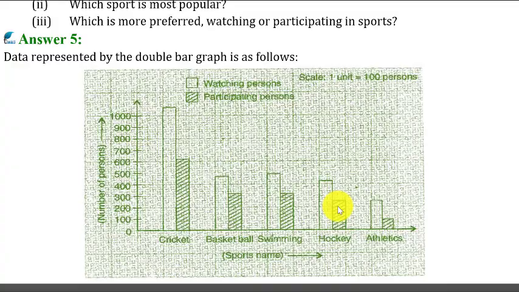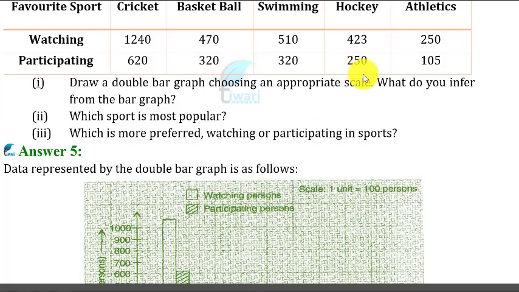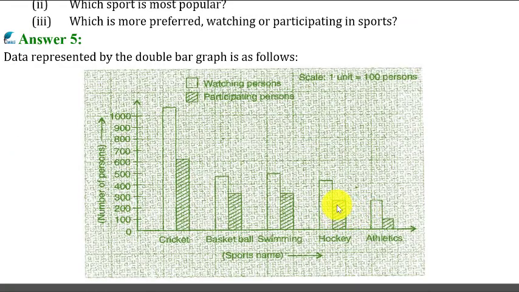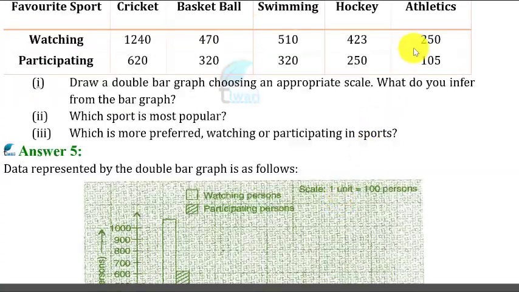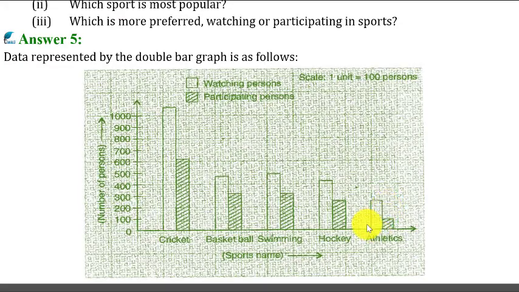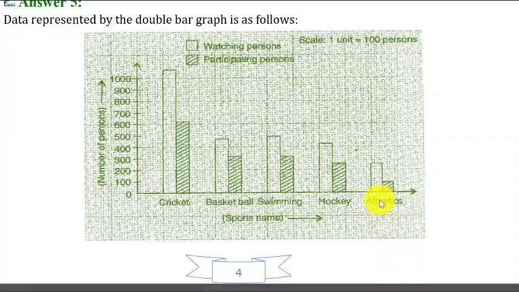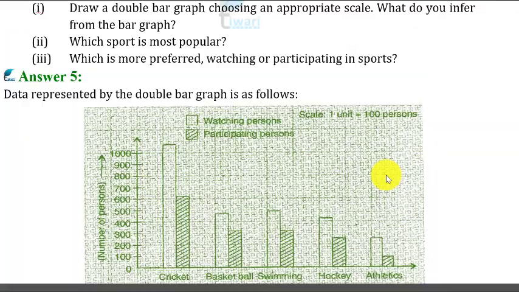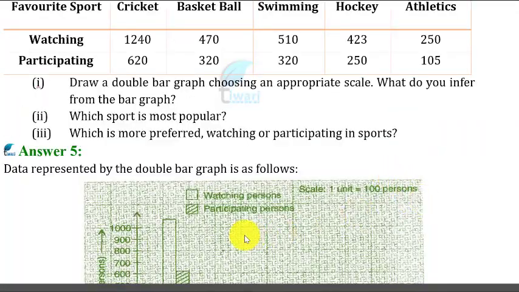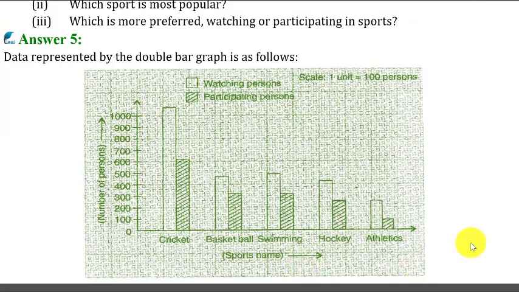Hockey 423, after 400, second line, and 250 the players, so after 200, fifth line. Then athletics 250, the observers, after 200, fifth line, and players 105, which is after 100, between the first and second line.